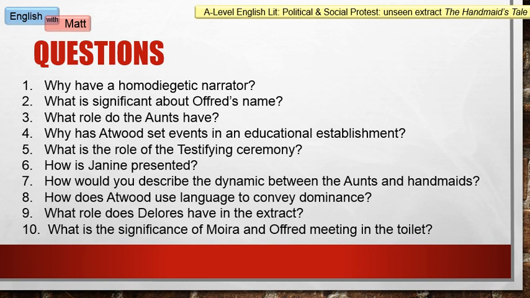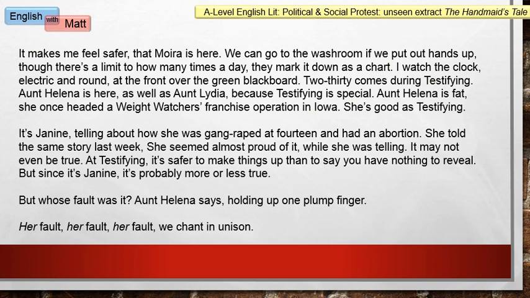So have those questions in your head as we are looking through the extract. So I'm first going to read the extract with you, and then what we're going to do is analyse it and think about what is significant in terms of political and social protest. So this is what the extract says.